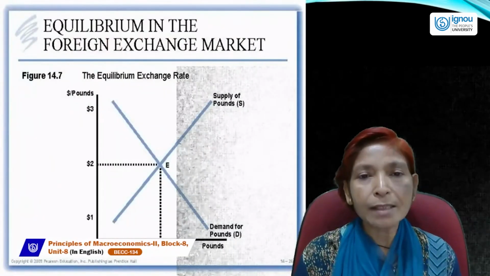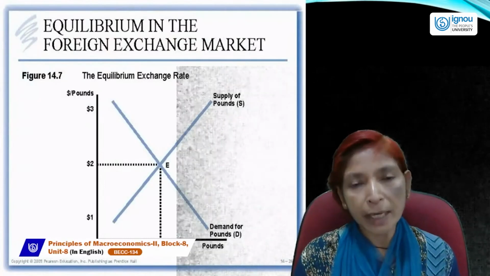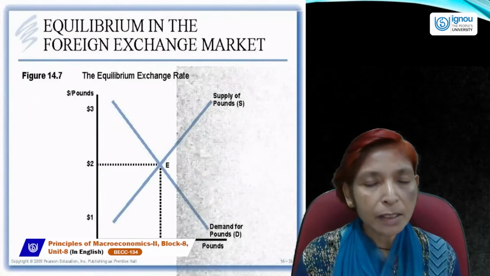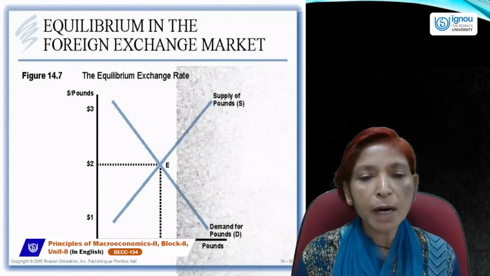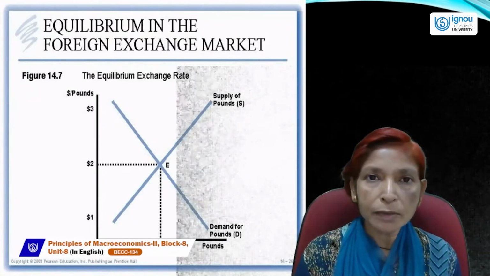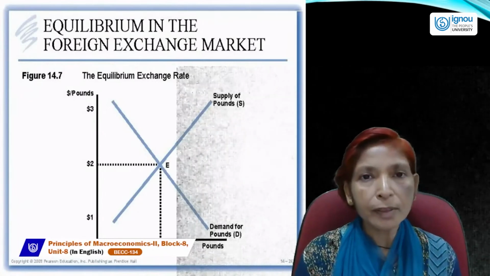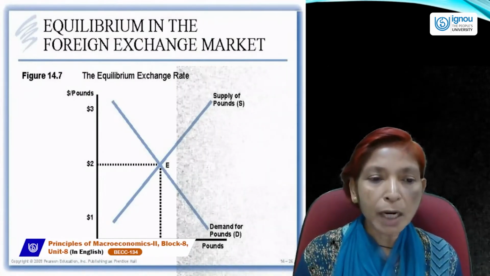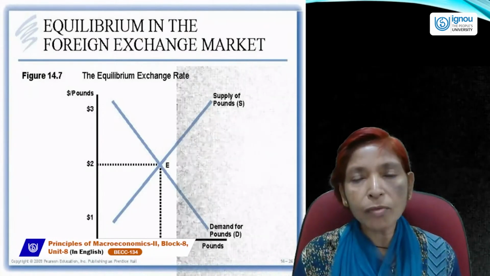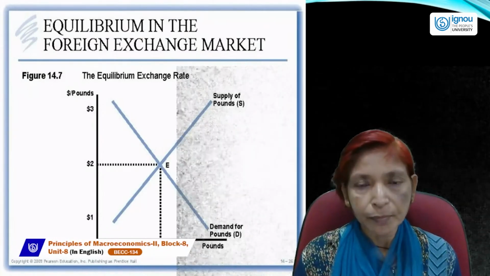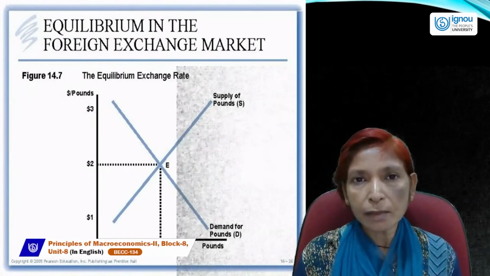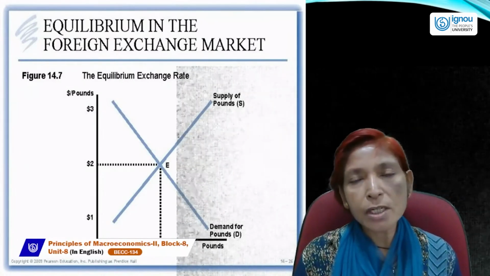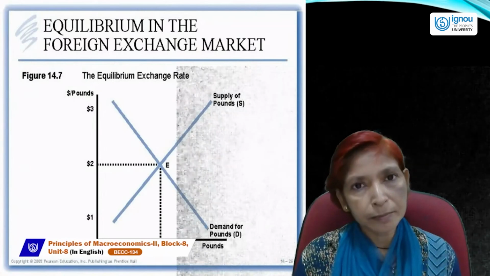Next is how the flexible exchange rate is determined. The flexible exchange rate is determined with the help of the forces of demand and supply curves. As you know, the demand curve is always a downward sloping curve. A simple demand curve, which is related with price, shows an inverse relationship between price and demand.